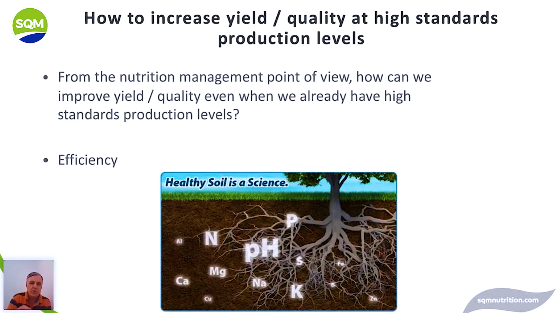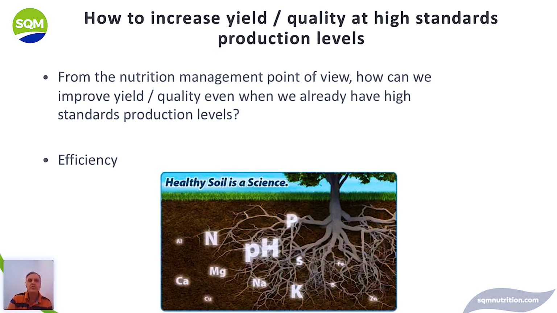We need to think in the balance of the minerals that we will have in our soil, because plants do not recognize products, commercial products. Plants recognize chemical elements: nitrogen, phosphorus, potassium, calcium, magnesium, sulfur, boron, zinc, all the macro and micro nutrients. That is what the plants recognize.